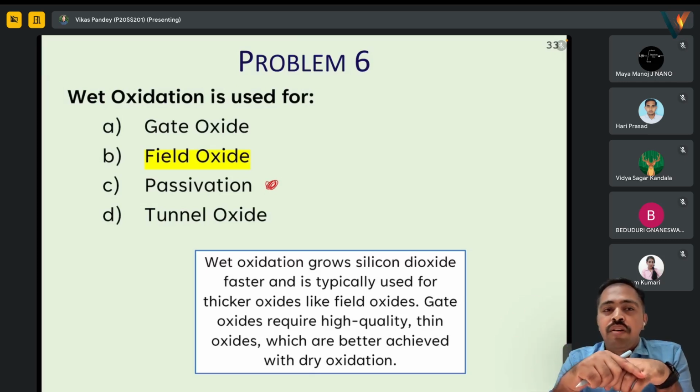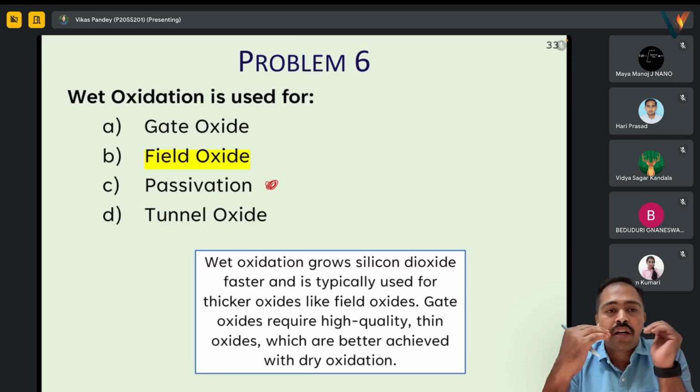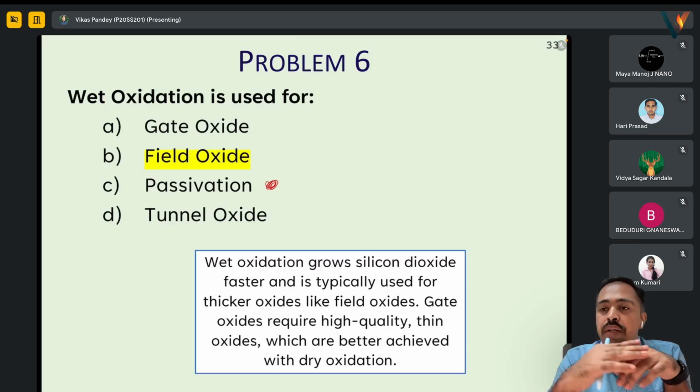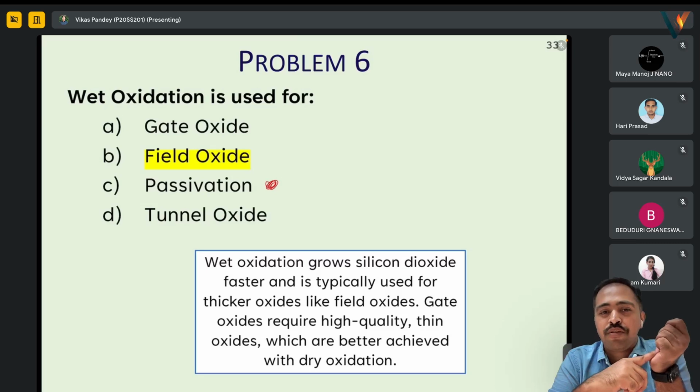It is not grown. SiO2 is not always grown, but if it is grown, it is of better quality. It is best, but sometimes we have to deposit also.